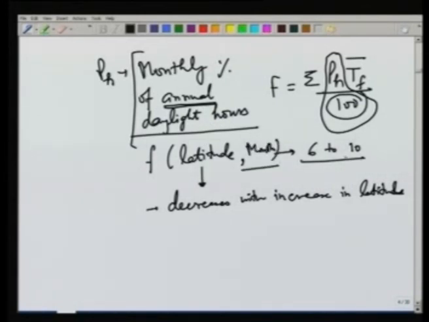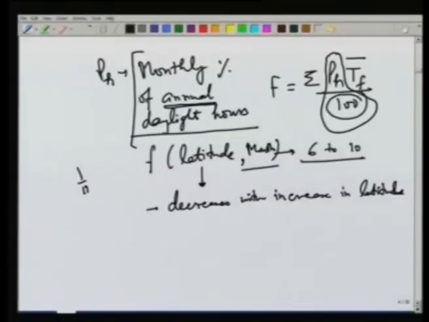So, for example, for January it may be a smaller percentage, for summer months it will be a higher percentage, and as you can see, typically if you assume uniform over the whole year, then the fraction will be 1 by 12 or into 100%.